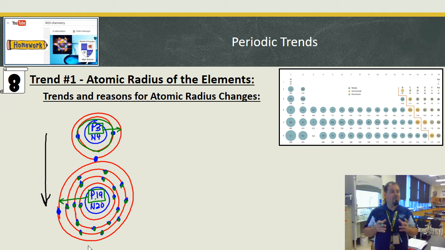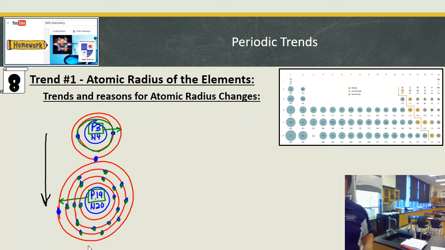So 19 protons already have 18 electrons being like, yo, I feel you, what's good? And that's a ratio that's not so good as far as being able to get that 19th electron to come on board. Here I have 2 electrons and 3 protons.